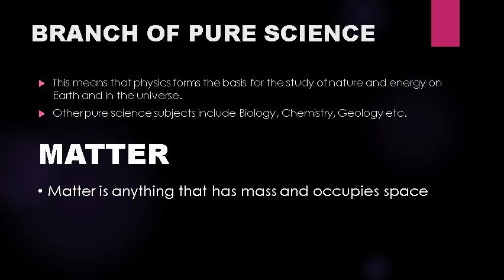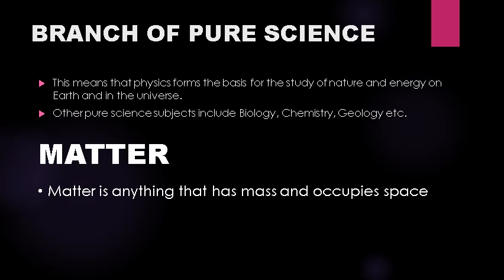Any subject that forms the basis for the study of natural things such as life, the earth, chemicals, we say those subjects are pure science subjects. Apart from physics, other examples are biology, chemistry, geology, and some other ones.